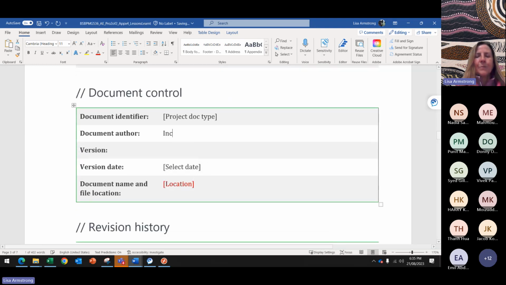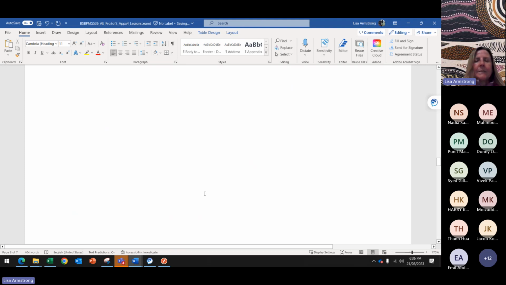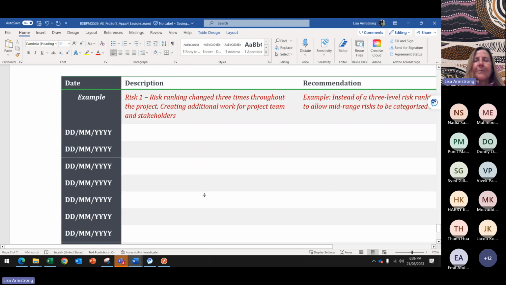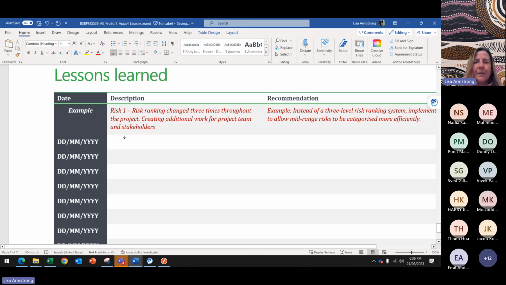You can be the document author. And then the important part is this piece. So we have 2 issues and then 2 recommendations. So I'm going to give you a bit of thinking time. So issue 1.